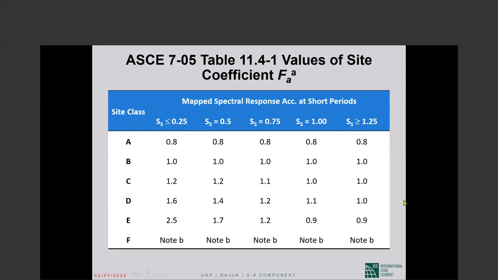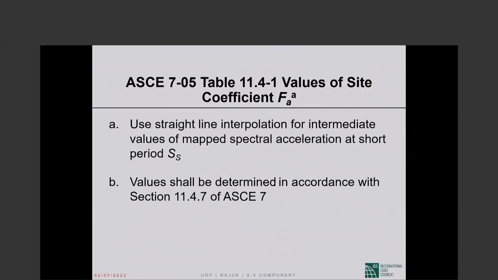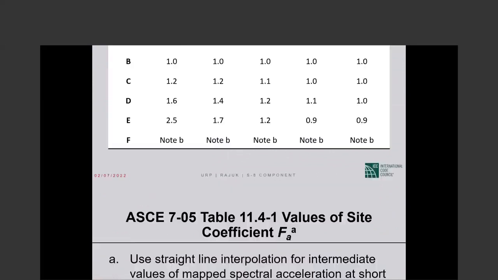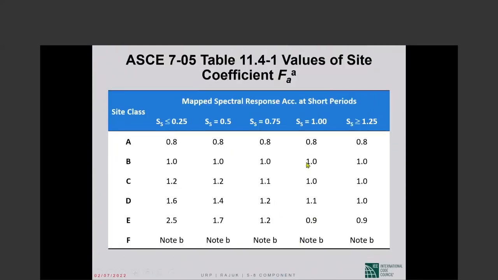Okay. So very importantly, the site coefficient is a function not only of the site class, but also of the intensity of ground motion at the site. So these are the short period site coefficients F sub A. And then, well, there are a couple of notes where we said note B and there was a note A someplace.